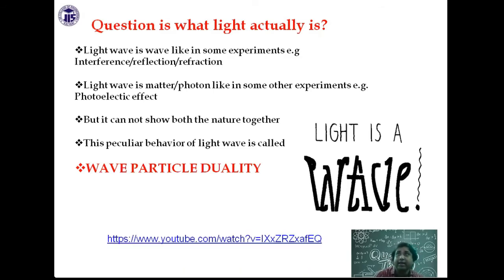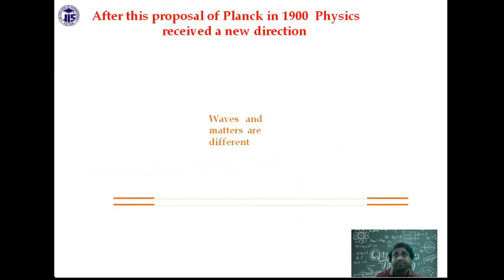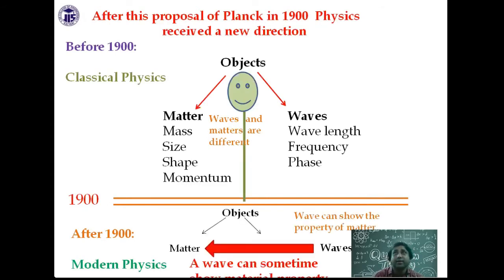Now, this idea was closely observed by a scientist whose name is Louis de Broglie. He observed this phenomenon that a wave can be matter-like. Earlier people thought waves and matter are different. Now this idea of wave-particle duality tells you waves can be matter-like.